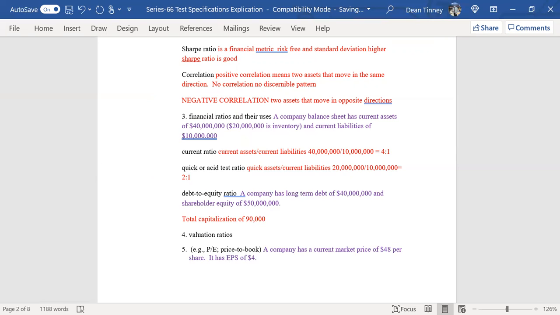Now, what we want to do here is see how much of that 90 million belongs to our creditors, our bondholders. So we're going to take the debt and divide it by total cap. This one's kind of confusing because it says it's debt to equity, but it's actually debt divided by total capitalization.